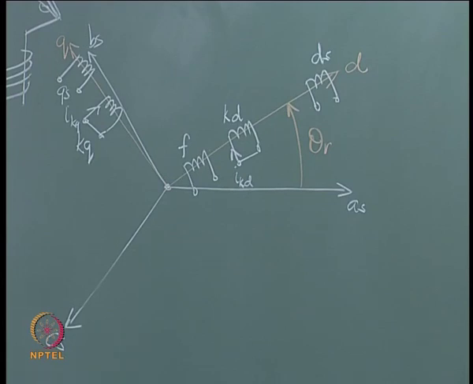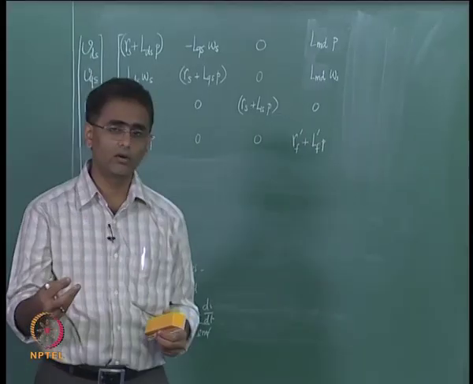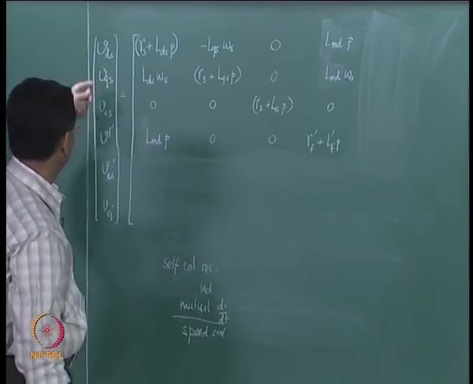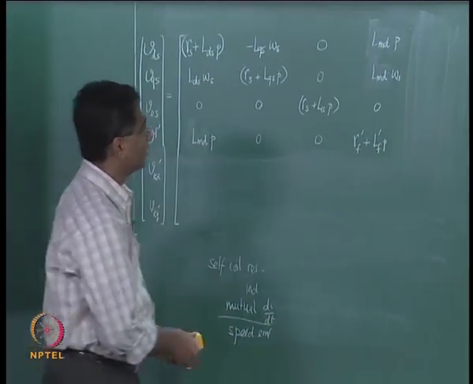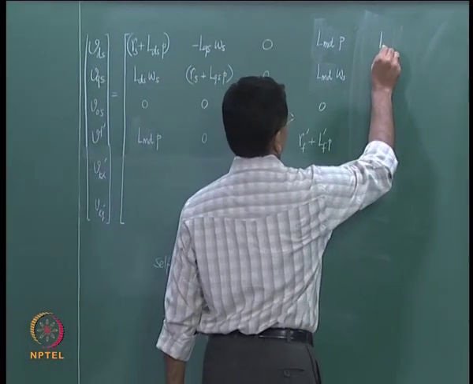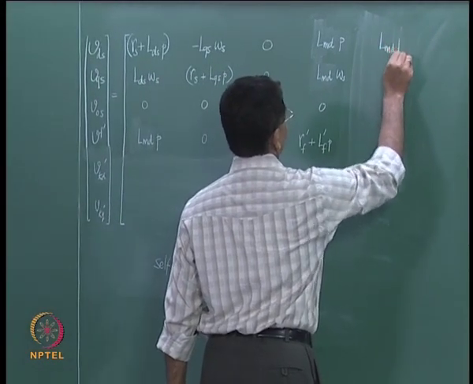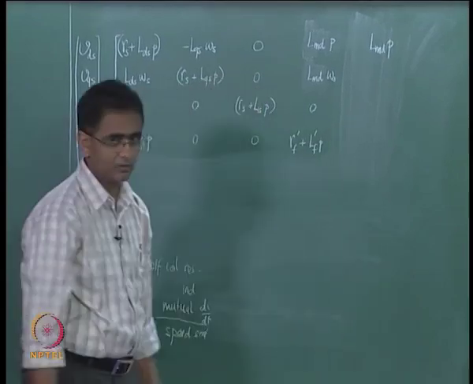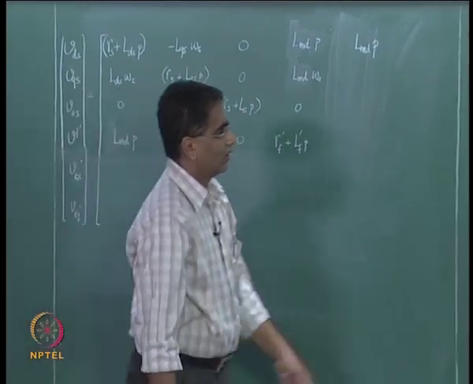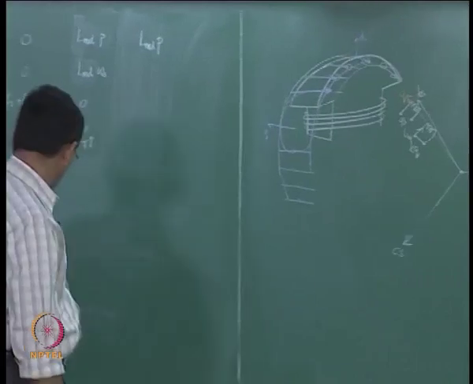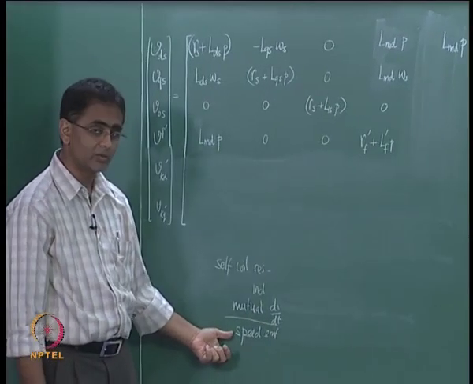Therefore, if we want to include the effect of the Kd coil on the stator d axis voltage equation, it will arise as an Lmd multiplied by P. And then you have speed EMF terms.